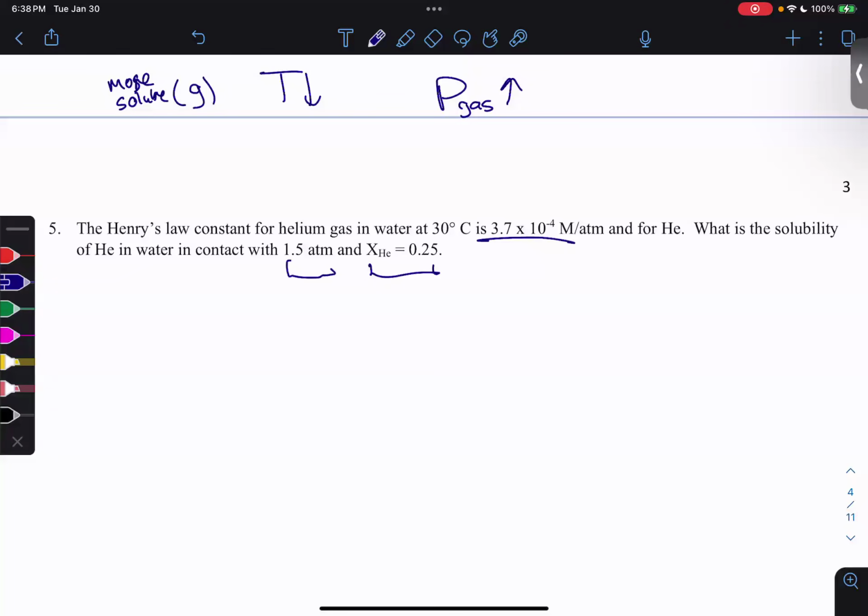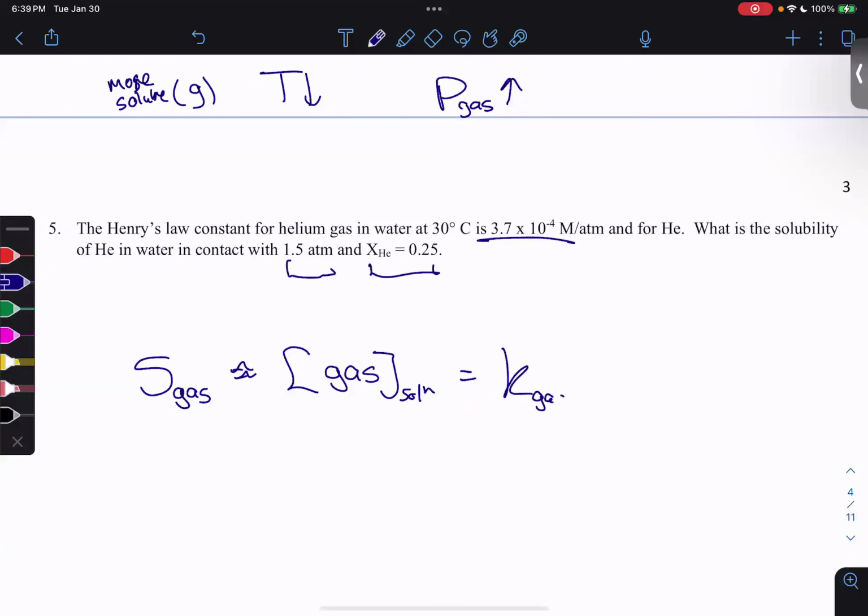So the equation for Henry's law is that the solubility of a gas, essentially the concentration of that gas in solution, that's what that big S means. It just means concentration, it's in molarity, equals Henry's law constant for that gas times the partial pressure of that gas in contact with that solution.